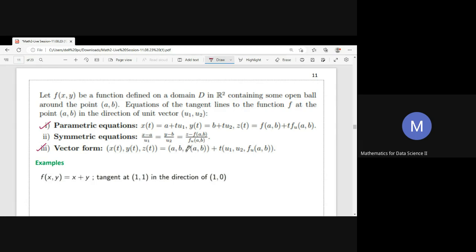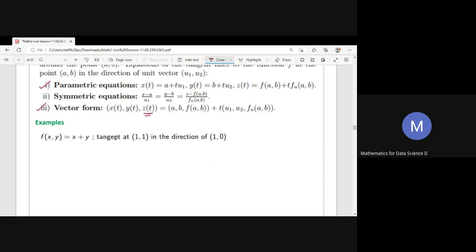And the third coordinate, z of t, is nothing but f of a comma b plus t times fu of a comma b. So this is the parametric equation you are obtaining. If you remember this or this, whichever is convenient for you, both are actually the same. You can find the parametric equation of a tangent for a given function at a point.